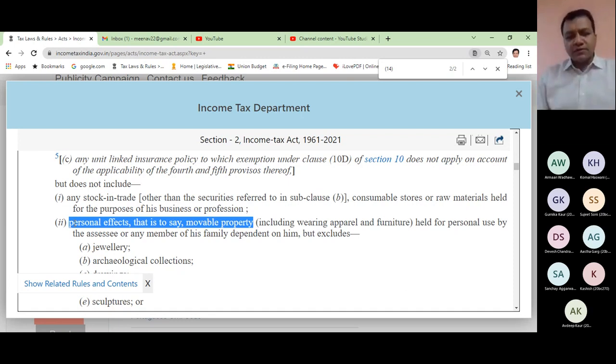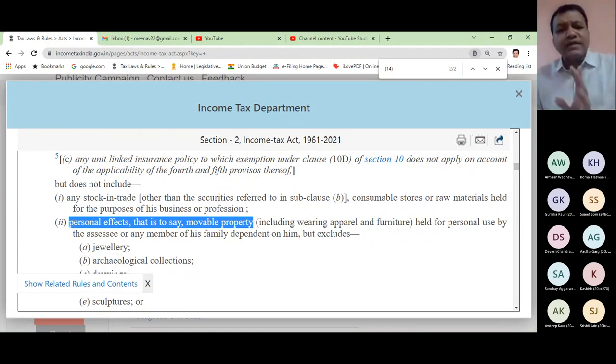No need to compute capital gain. You are selling a personal wristwatch at a profit. It is not a capital asset. You are selling a personal house. That is a capital asset. That needs to be computed as per the provisions of capital gain, because that is immovable. So what is not a capital asset? Personal movable items, but excludes.